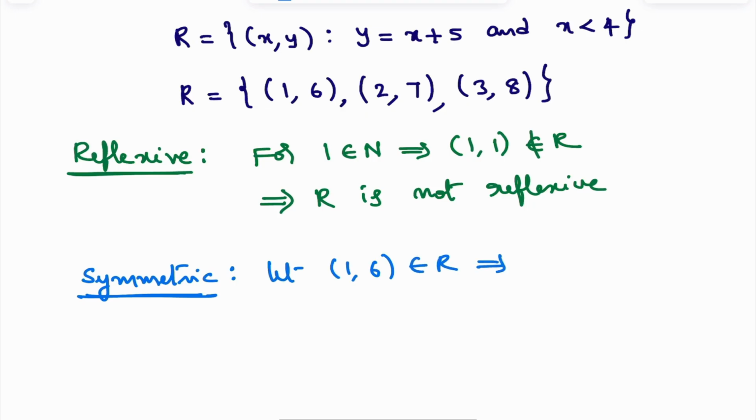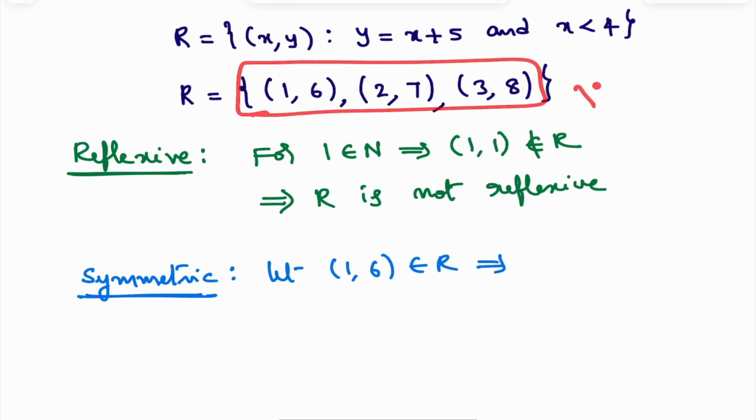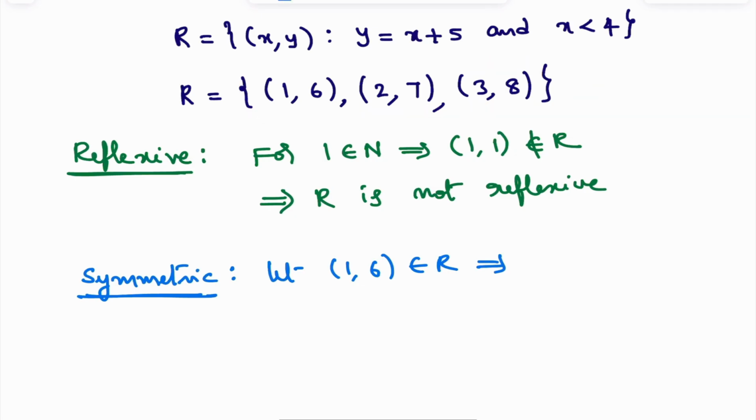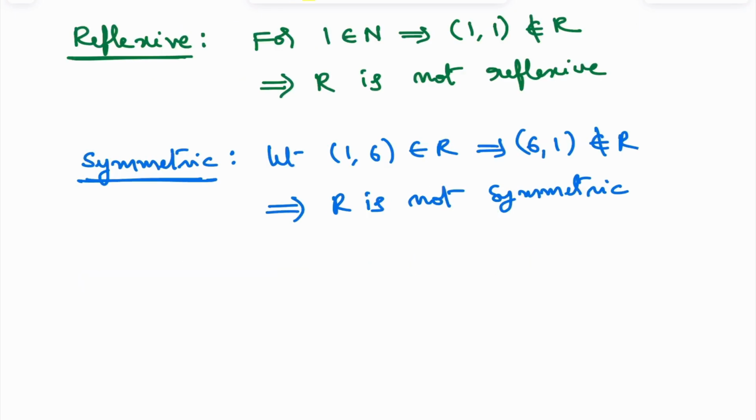For 1 comma 6, is 6 comma 1 present in this relation? No, 6 comma 1 does not belong to this relation. That means this element fails to satisfy the symmetric condition. So we say that this relation is not symmetric. So the given relation is not reflexive and not symmetric.